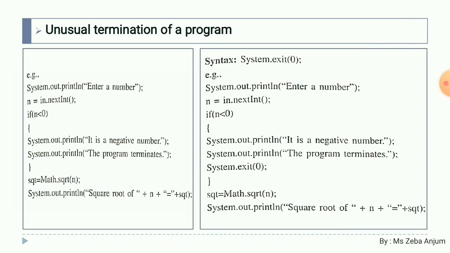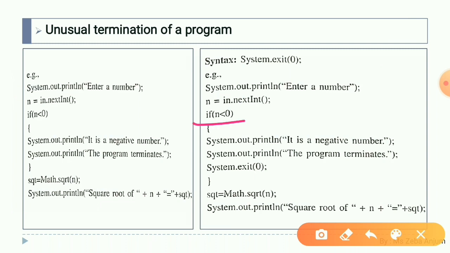Now see the example that is written over there. The same example we are having, see the if statement. Now if this if statement is false then these compound statements will not get executed and these will get executed.